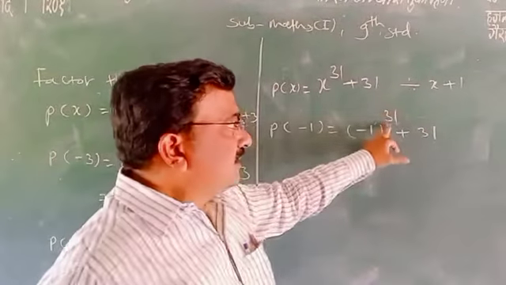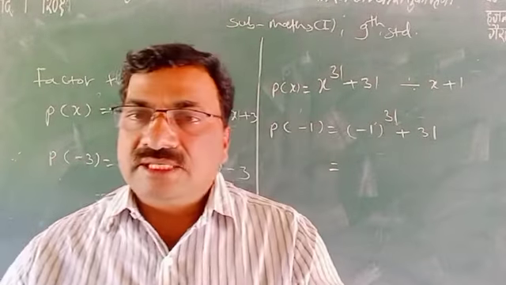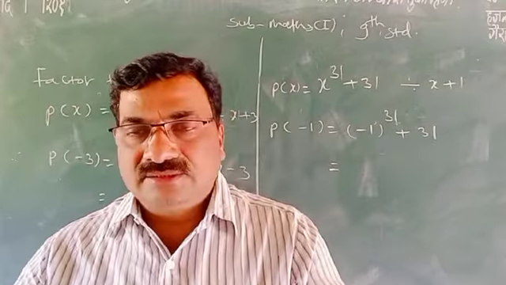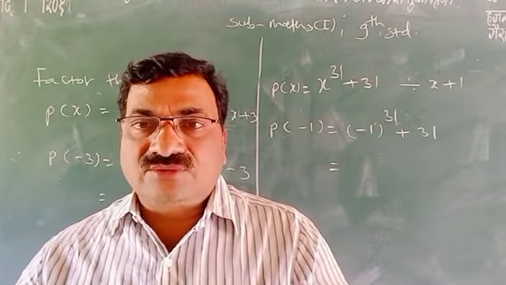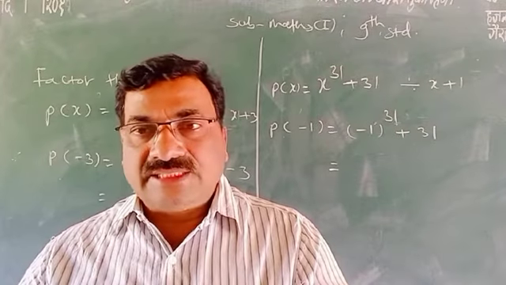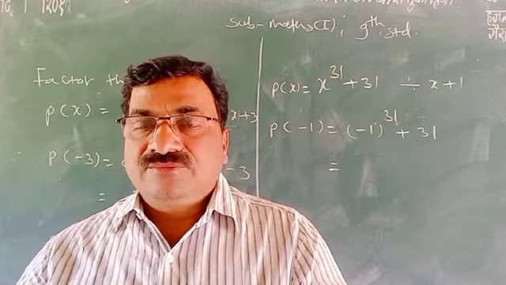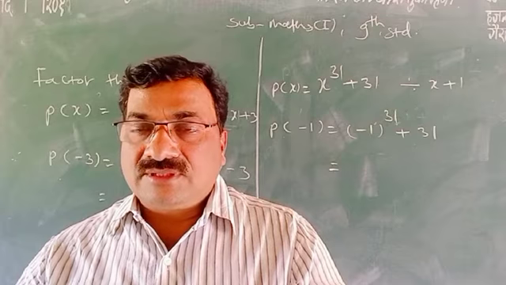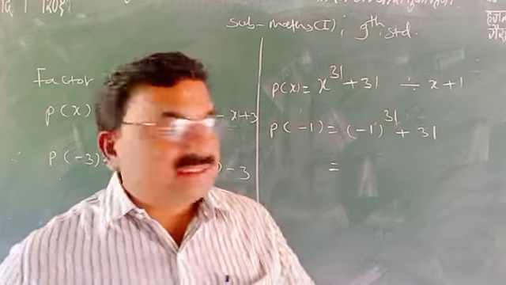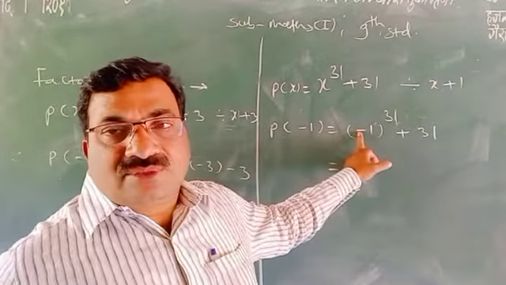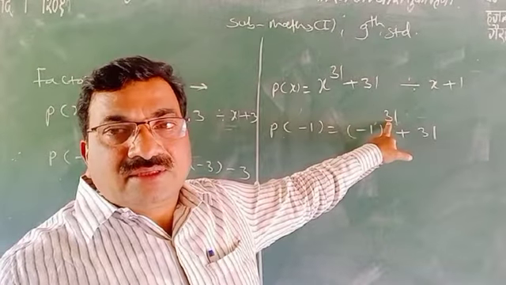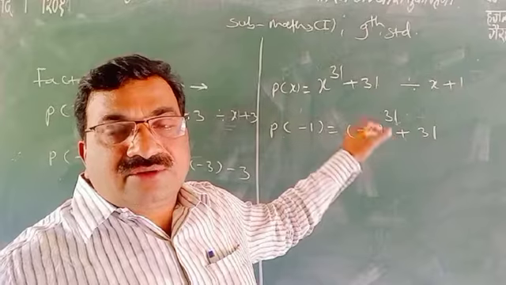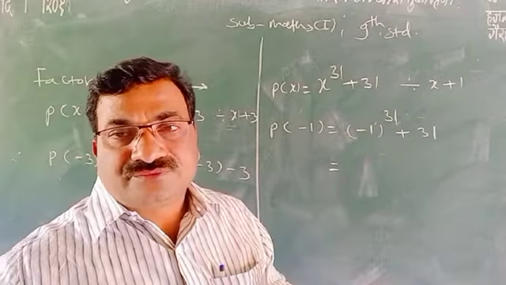We know that any power of 1 is 1, the only difference is the sign. If the power is an odd number and the base is negative, the value is negative. If the power is an even number, though the base is negative, the value is positive.